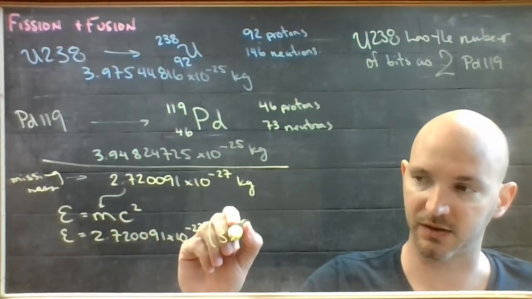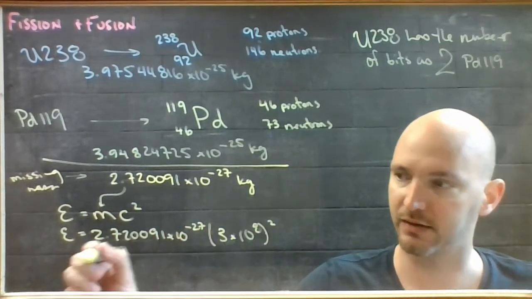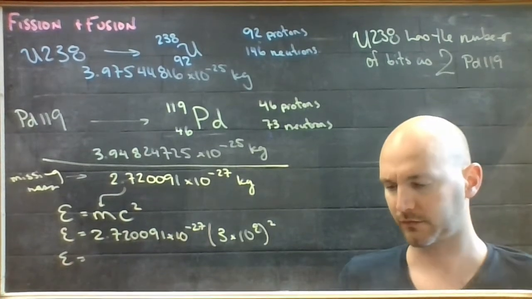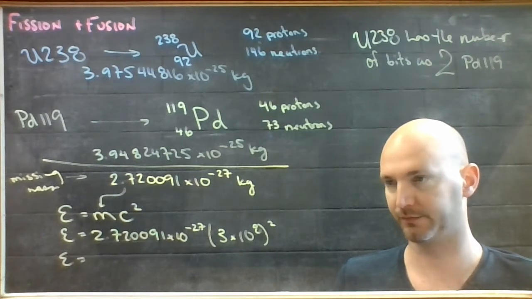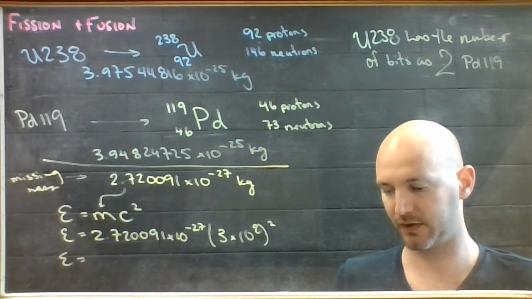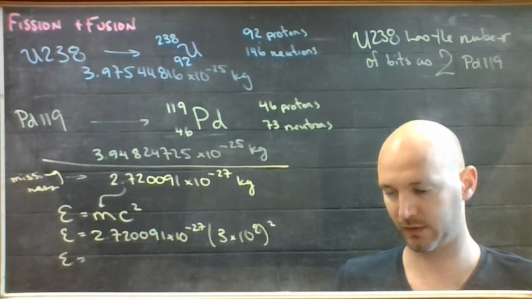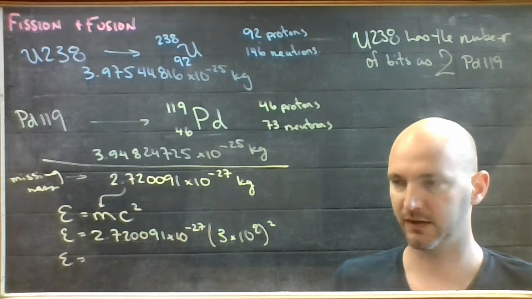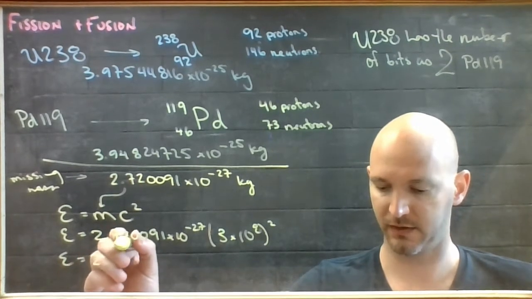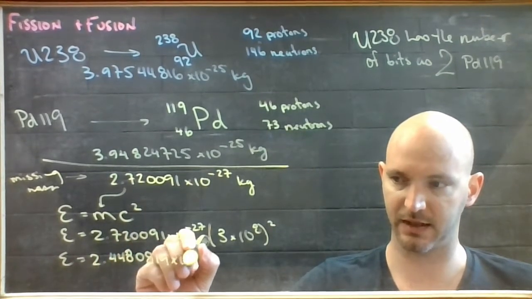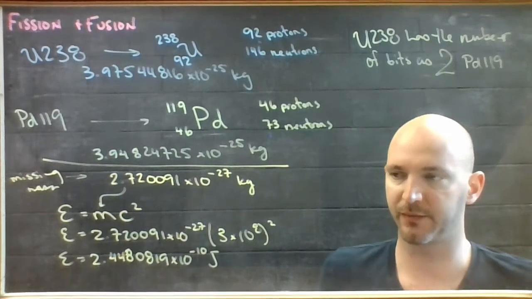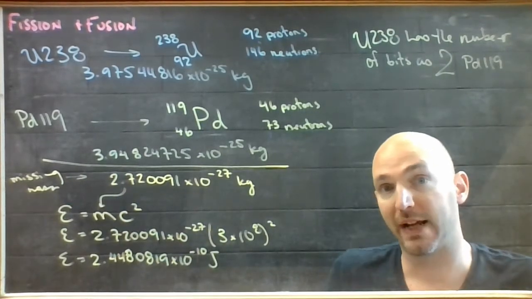Speed of light squared is 3 times 10 to the 8 squared. Let's see what we get. That number, 2.720091 times 10 to the negative 27, times 9 times 10 to the 16 gives me 2.44800819 times 10 to the negative 10 joules. 0.24 nanojoules.